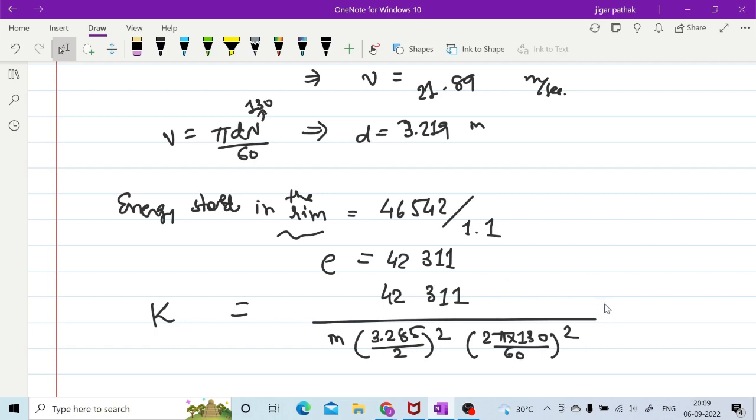So if you simplify, you will get your answer. Actually K is given to you, 0.8 on both sides, so 0.016 is your K. What you have to calculate is this M. So calculate M and tell me what you are getting as your answer.